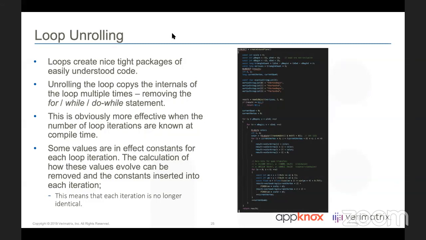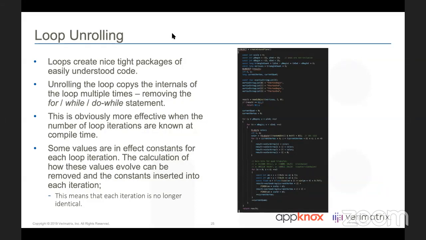So typically within a loop, there are variables that are used by the loop that evolve and change for each iteration. And when you analyze the code, what you find is these evolutions are the same for every run of the loop, no matter what the input data is. These iterations are the same.